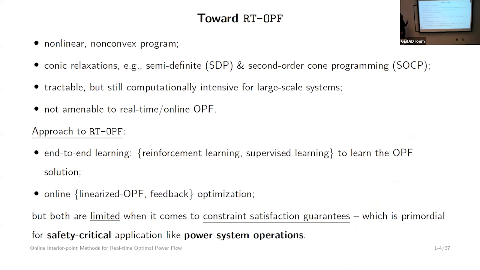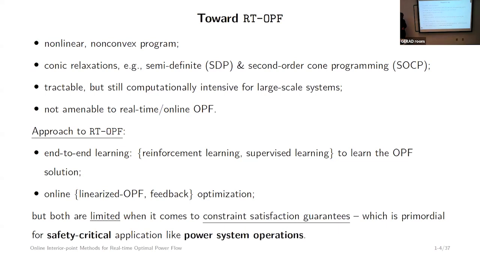So let's get toward real-time OPF. For those of you who are familiar with the OPF, it is the canonical optimization problem in power system. It's nonlinear, it's non-convex, and hence not our favorite to solve, especially if we want to solve it in real time. One of the main strategies to reformulate them in a tractable way is conic relaxation.